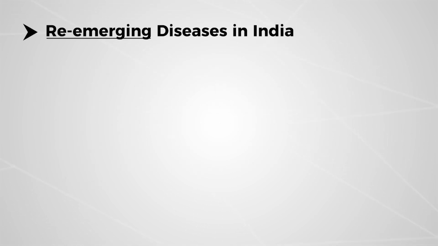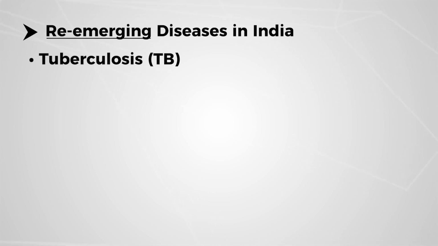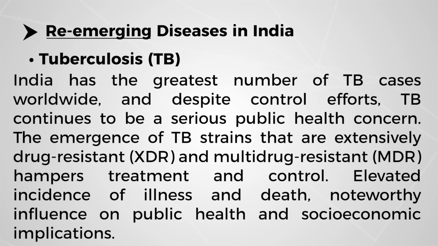Then re-emerging diseases in India, like tuberculosis, for example. India has the greatest number of tuberculosis cases worldwide, which we call TB, and despite control efforts, TB continues to be a serious public health concern. Even at the village level these cases are coming, and for maybe 30-40 years these cases are still there, along with the emergence of extensively drug-resistant tuberculosis strains.